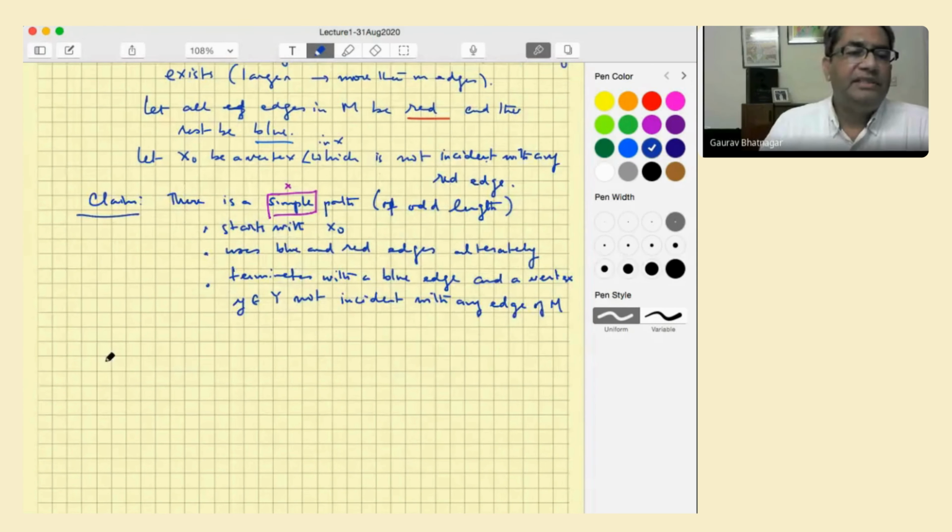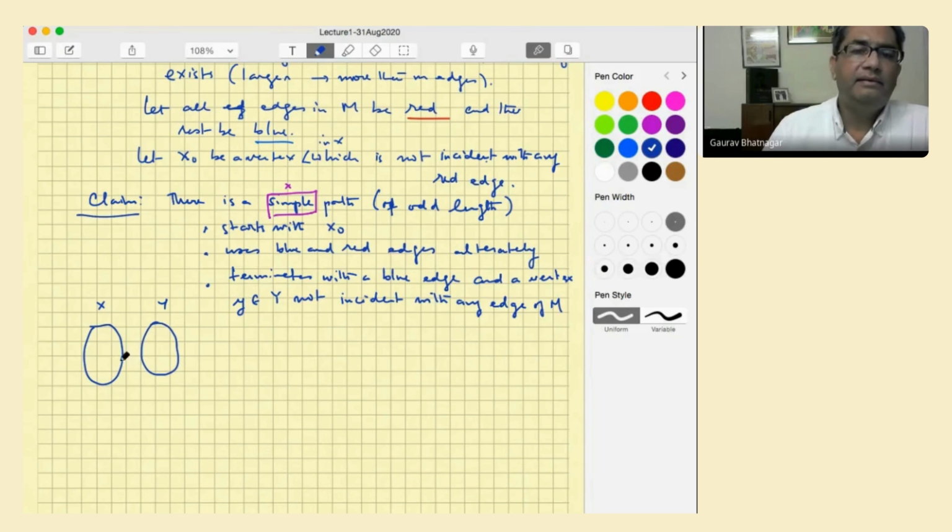So what are we saying? Here is X, here is Y. Let's say there are some elements in M which have some matching.